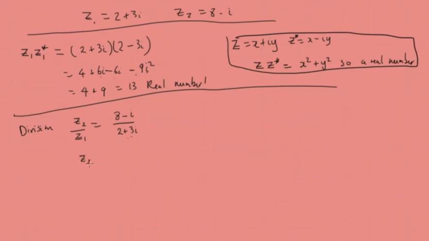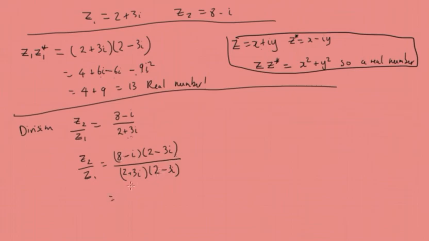So this will give us 8 minus i, 2 minus 3i over 2 plus 3i multiplied by 2 minus 3i. And you can see why we're doing that, because instead of a complex number on the bottom, we're going to just have a real number on the bottom.